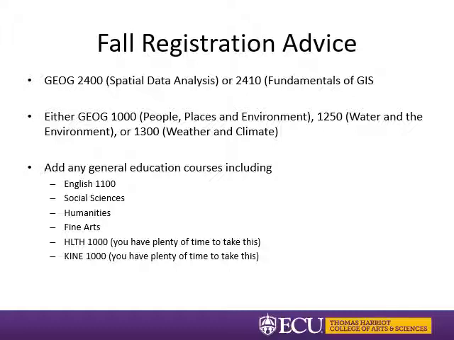You should also take English 1100, as well as a course or two in the other Gen Ed categories to round out your schedule. You should aim to take about 5 courses this fall.